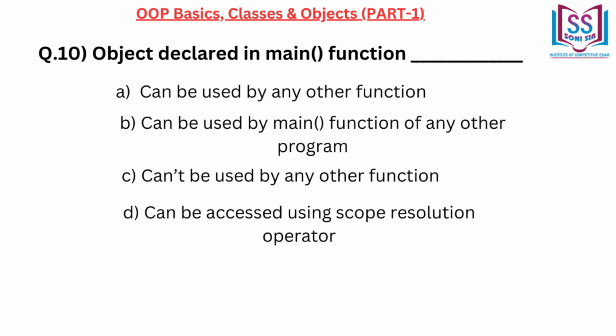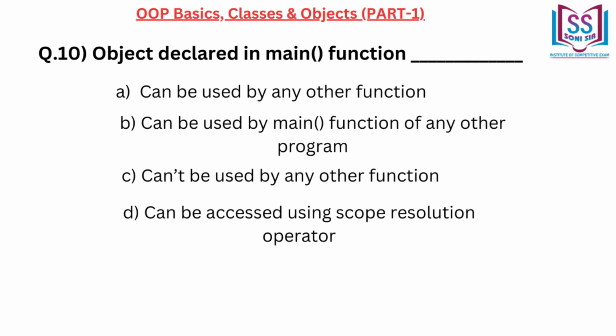An object declared in the main function: A. Can be used by any other function. B. Can be used by the main function of any other program. C. Can't be used by any other function. D. Can be accessed using the scope resolution operator.